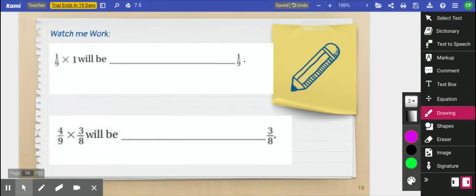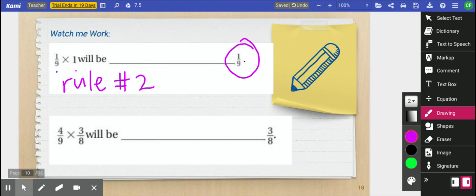My factors here: I have a fraction and I have the number 1, and I'm comparing it to the fraction. Just like we did prior, this is rule number 2, guys, multiplying a fraction and 1. My answer, when I multiply anything times 1, is going to be equal to itself. So I'm comparing it to the fraction, so I'm going to be equal.